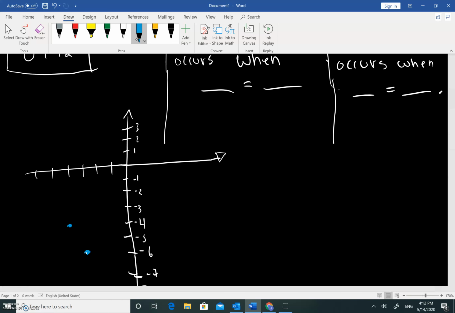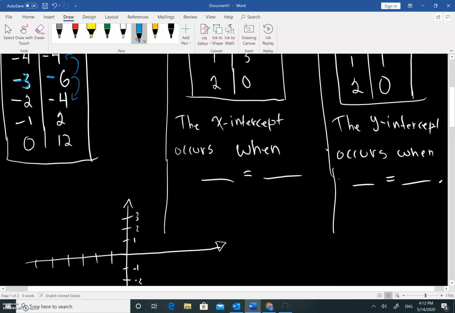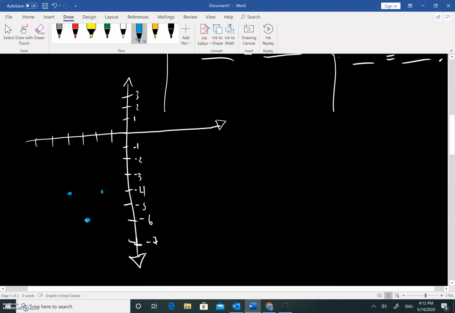And then -2 gives me -4 as well, right? So we have -2, -4. So if you notice, what kind of extrema is it? Is it a maximum or is it a minimum? It is a minimum because it is the lowest point of your graph, right? So this is a minimum.